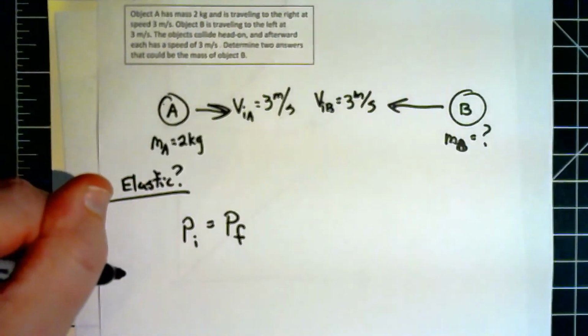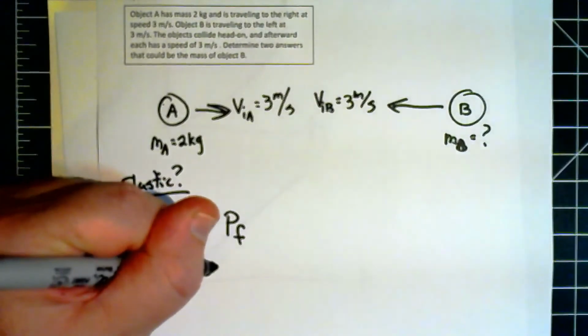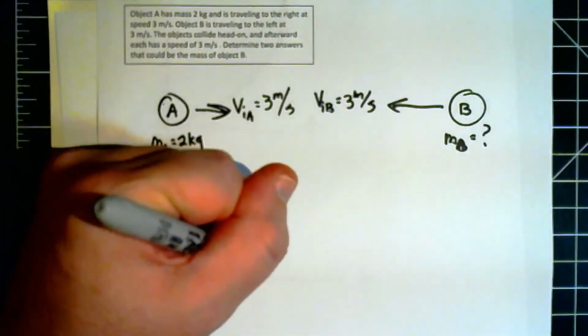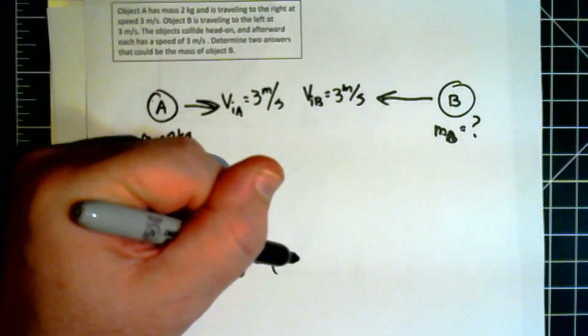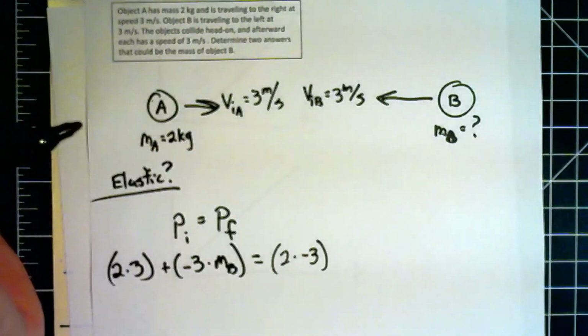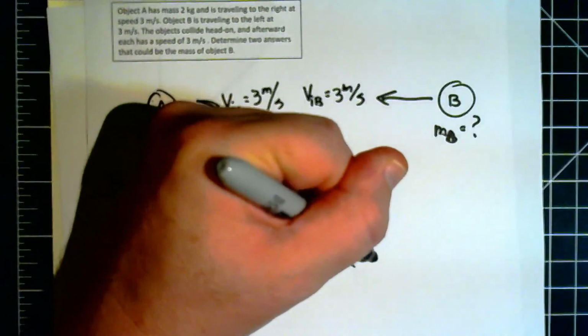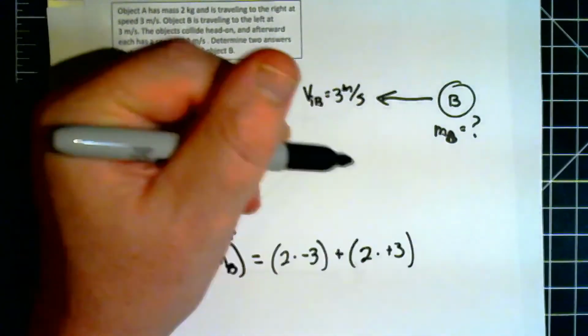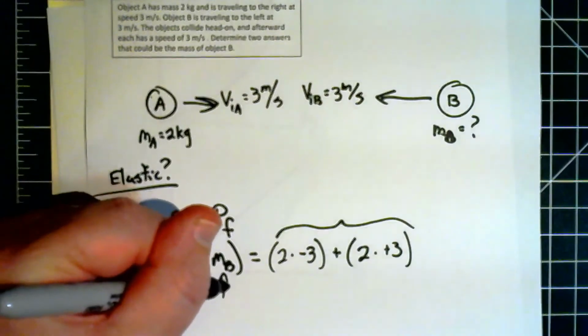And so this would be 2 times 3 plus negative 3 times mass of B would equal 2 times negative 3 plus 2 times positive 3. So what I'm doing here is assuming if these are elastic, that their velocities are going to swap. And if they're elastic and their velocities swap, that would be true if this mass was 2 kilograms.